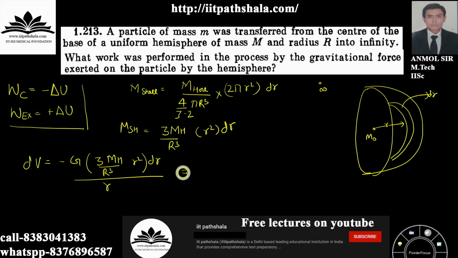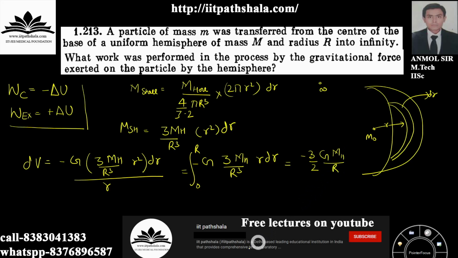Okay, so you are left with the following formula: G 3 M_h upon R cube, r dr. Now let me remind you that you are going from the center, which is at 0, to capital R itself. You are integrating the formula over here, and you are left with minus 3 by 2 G mass of the hemisphere upon R. Okay, so you're left with the following formula.